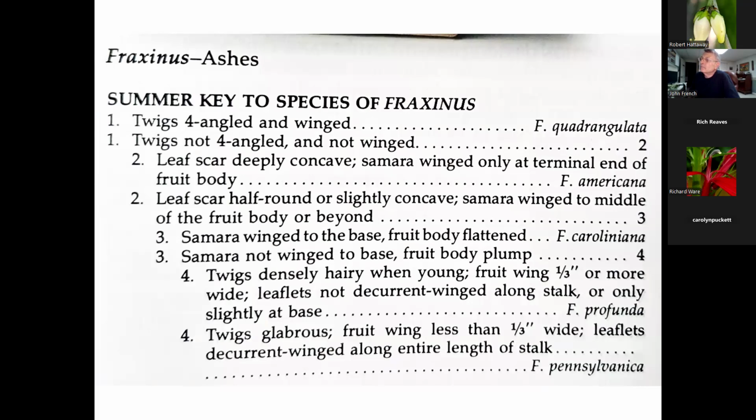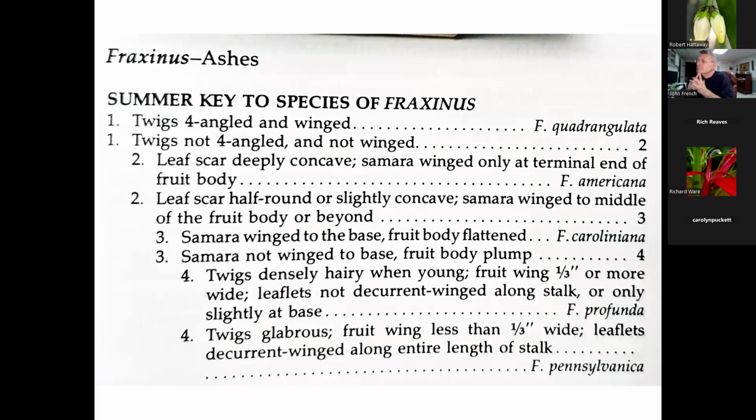Yeah, it makes a U shape. Samara is winged only at the terminal end of the fruit body. It means it's not supposed to go over halfway down. Like I said, sometimes they get a little crazy, but you can tell more about the seed being really round and flat. Yeah, the first one I'm going to write in my book.